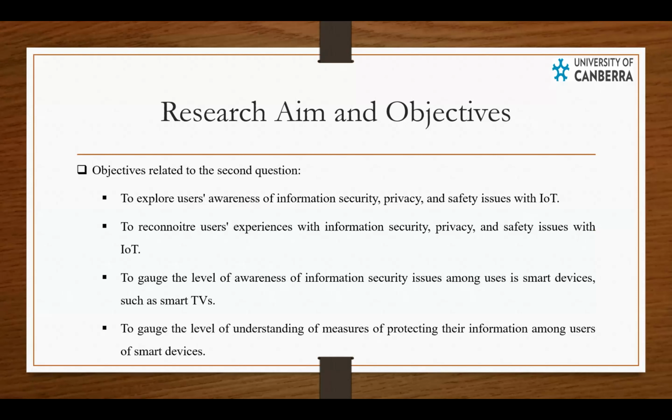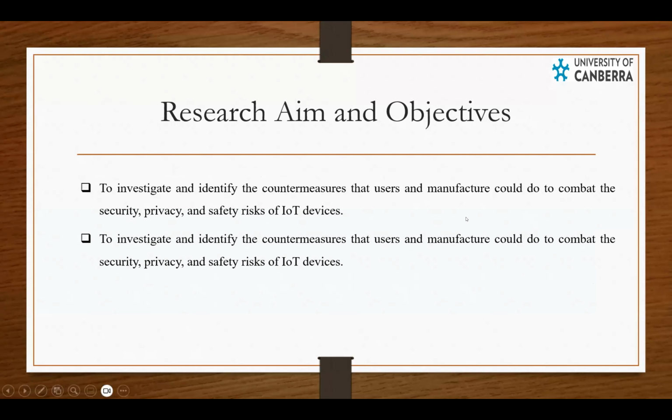To explore the user experience with information security, knowledge, privacy, and the safety issues, and to gauge the level of awareness of the information security issues among the users, and to gauge the level of understanding to measure the protections of their information among the users of smart devices.